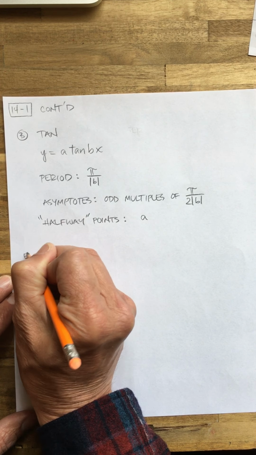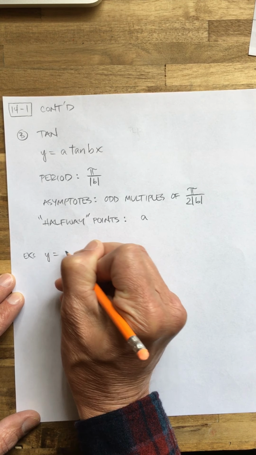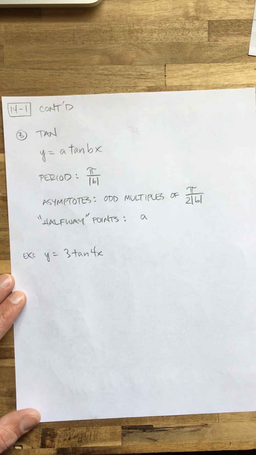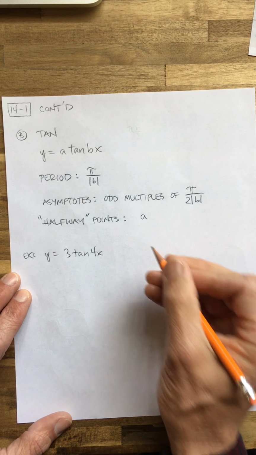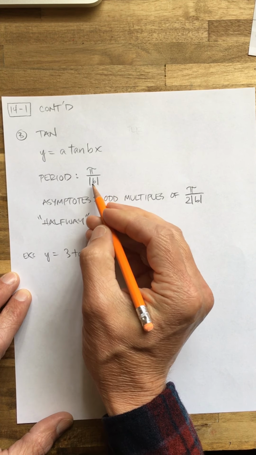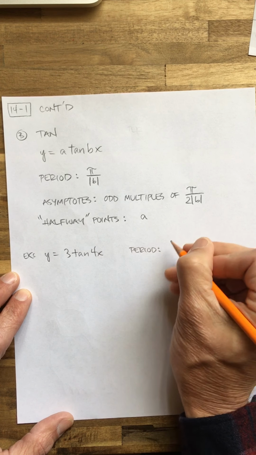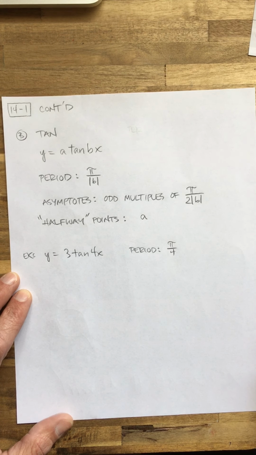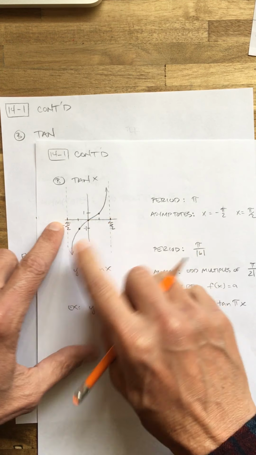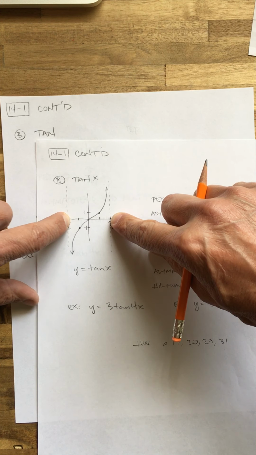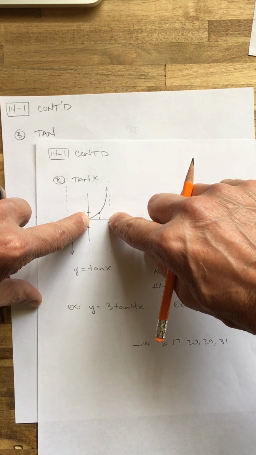So here's my first example. We have y equals 3 times the tangent of 4x, okay? First things first, let's come up with the period. The period is pi over the b value. So this is going to be pi over, the absolute value of 4 is just 4, so the period is pi over 4. That means the horizontal distance for this whole thing is pi over 4. So can you tell me then what half of that distance is?